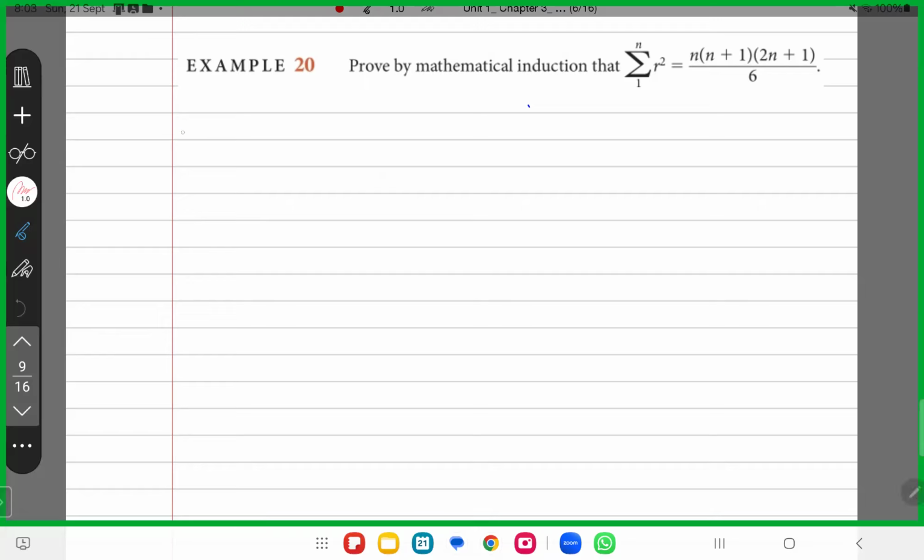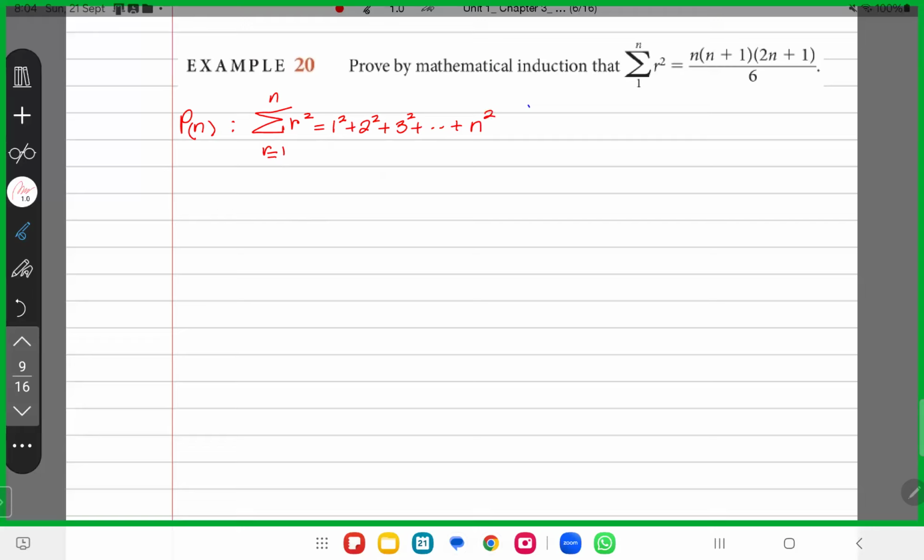So the first thing I'm going to do is, the statement I'm being asked to prove, I'm going to call that statement Pn. So Pn is the statement that the sum from r is equal to 1 to n of r squared. Now I'm going to expand this statement for clarity. This is equal to 1 squared plus 2 squared plus 3 squared plus, all the way to n squared.